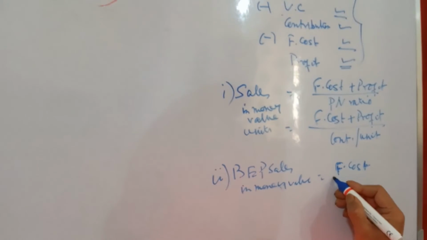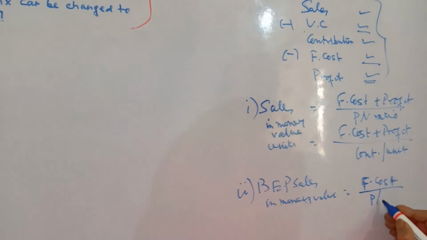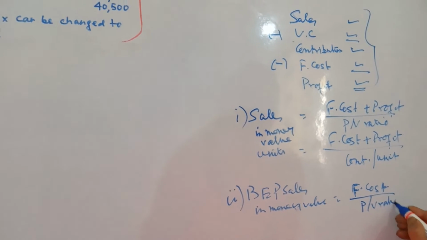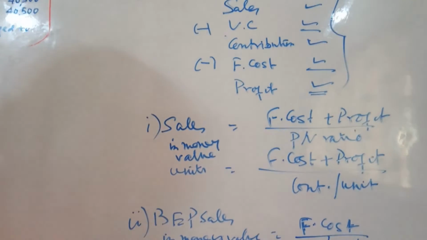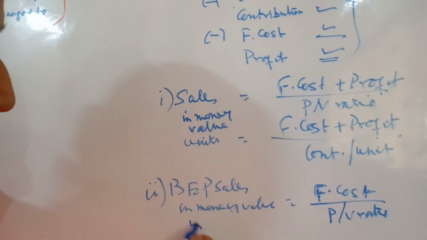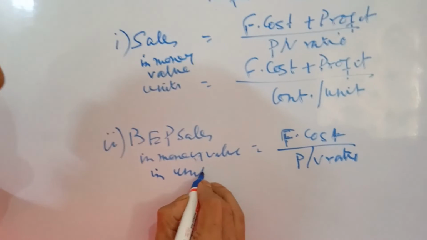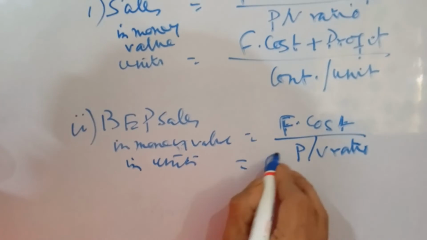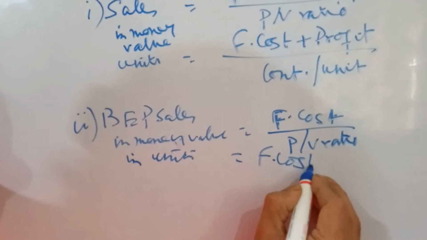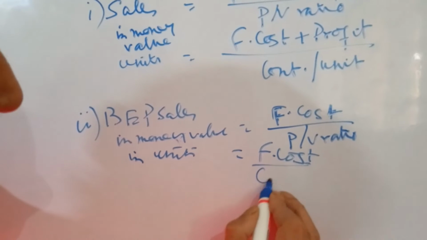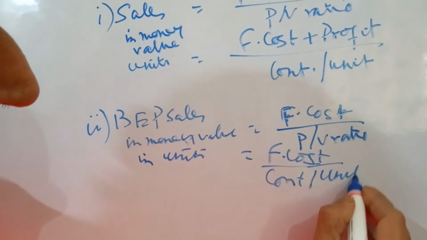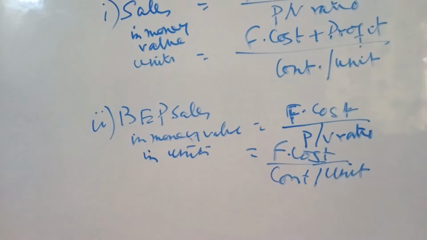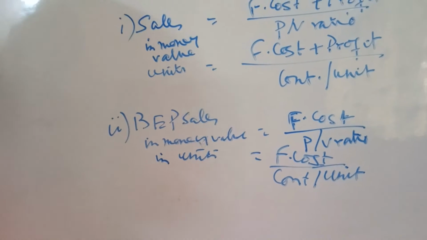So fixed cost divided by PV ratio. Correct? And BEP sales in units is equal to fixed cost divided by contribution per unit. Correct?